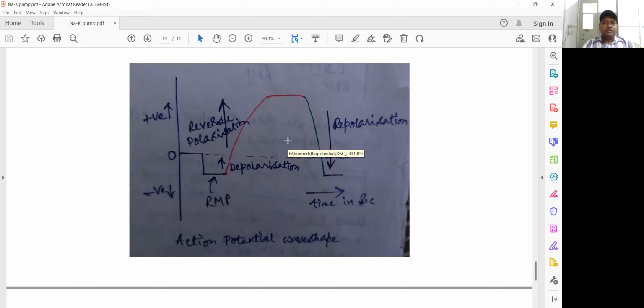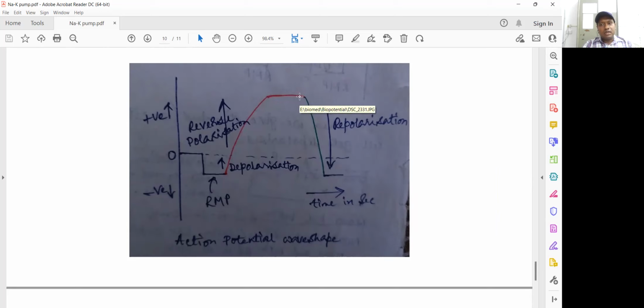As we know, in the nerve cells, the speed or the velocity of the ions is faster than in the muscle cells. So the travel of the ions will require less time to go from one point to another point. So this time will be less.